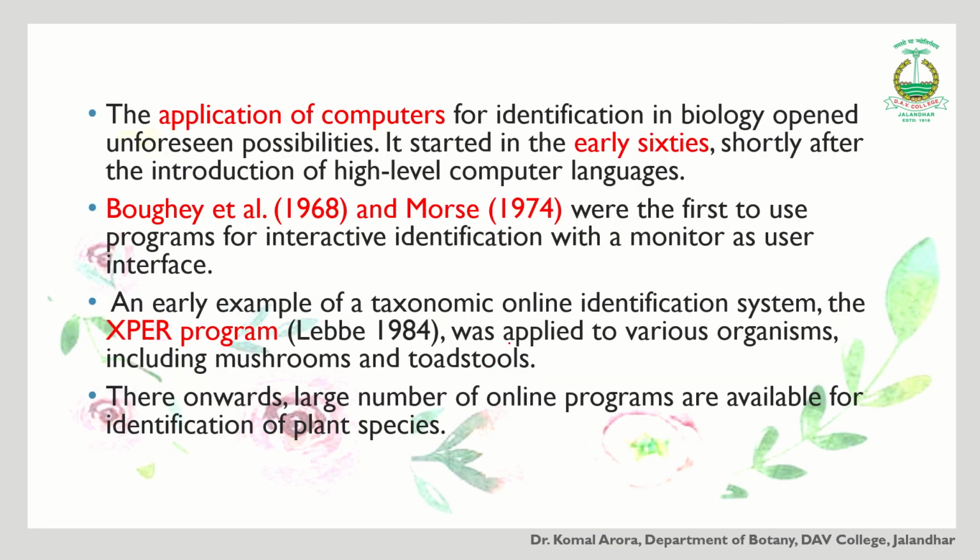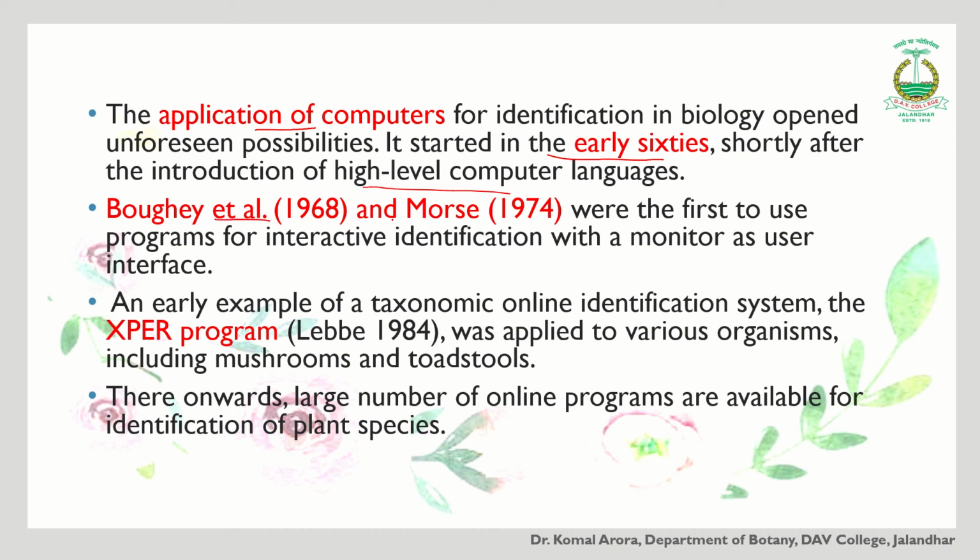Right? So ultimately, with the development of computer languages, the use of computers in taxonomy started in the early 60s, shortly after the introduction of high level computer languages, because we require programs for programming, and languages are required.